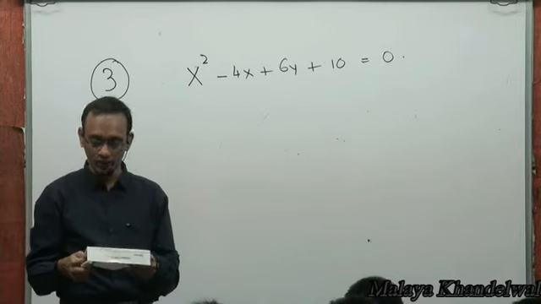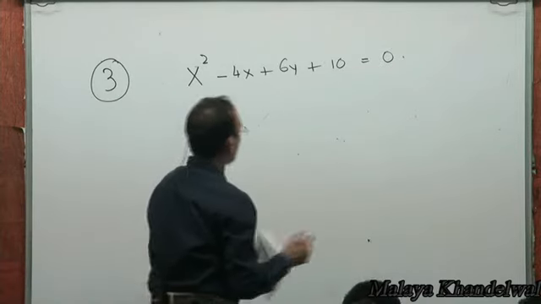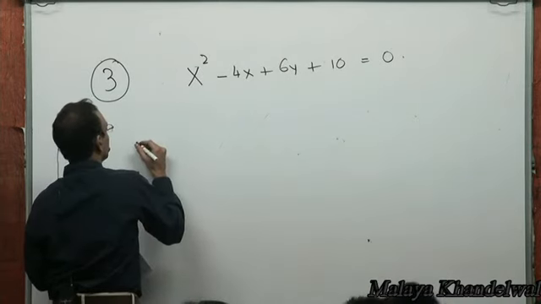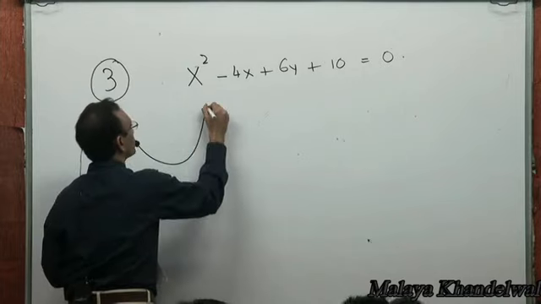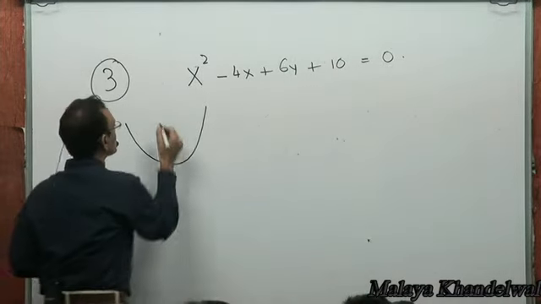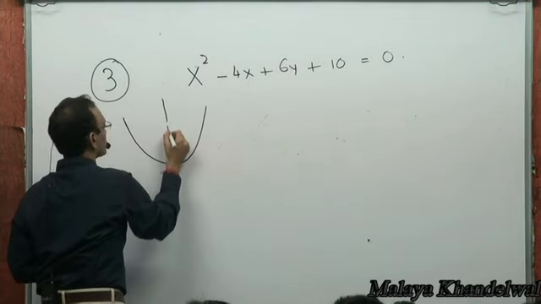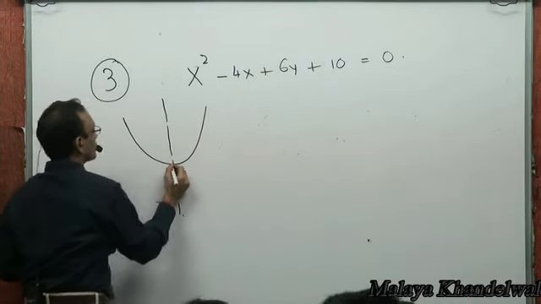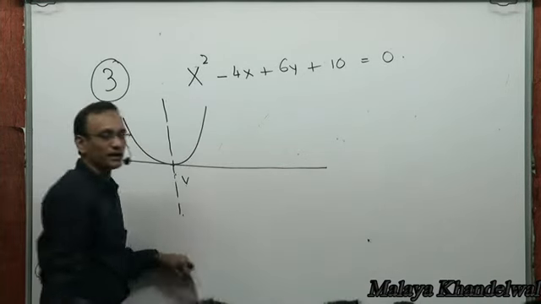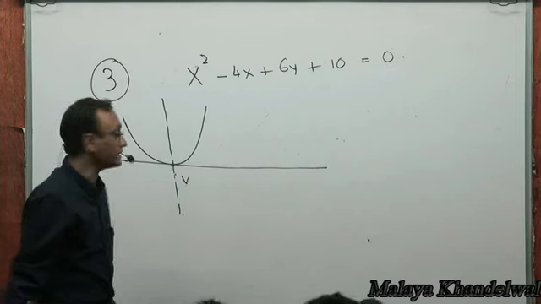Let's figure out this parabola. Y equal to a quadratic in x, its axis will be parallel to the y-axis. This is the vertex. The tangent at the vertex will be parallel to the x-axis, right?